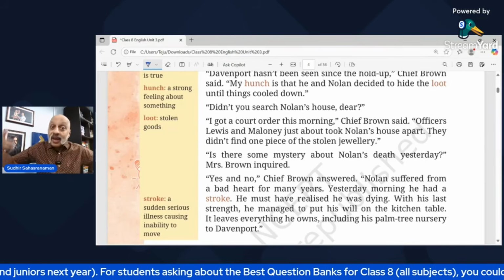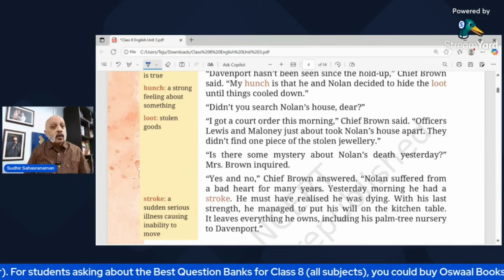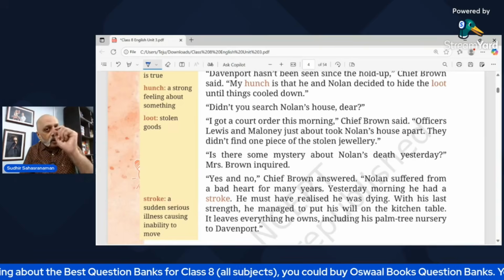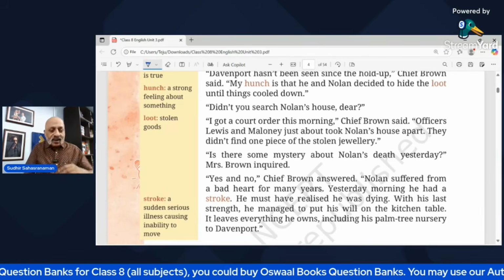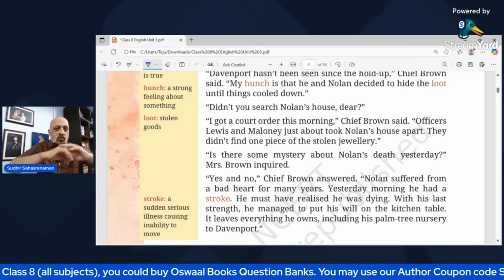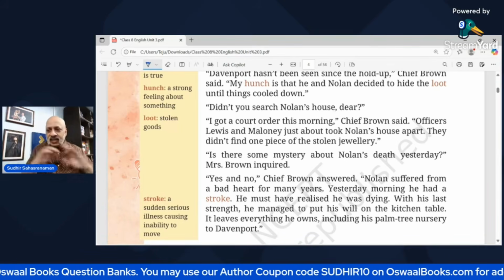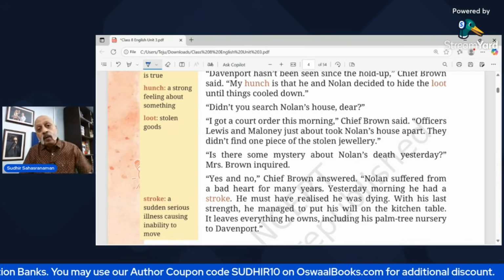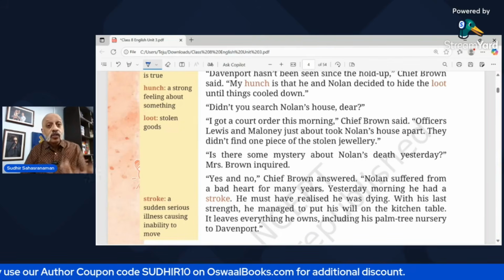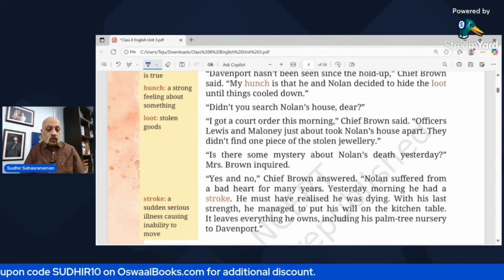That is the jewelry or any clue that could lead to the jewelry. They did not find one piece of the stolen jewelry. So they completely broke open the house, opened every cupboard, opened the walls, false ceiling, everything. But they could not find even one piece of the stolen jewelry, which means that the stolen jewelry was probably not there at Nolan's house.